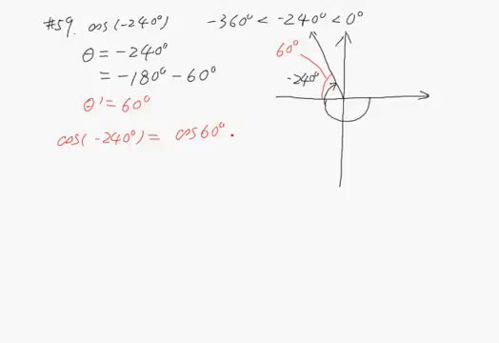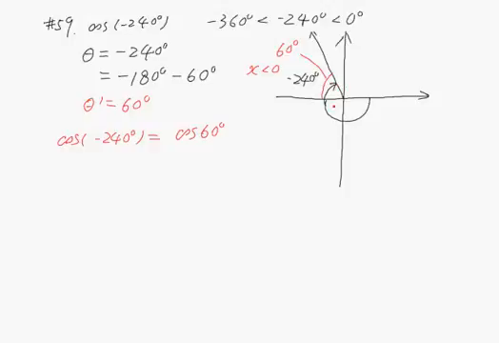Now tell me, what is the sign of the cosine of negative 240 degrees? Positive or negative? Negative, right? Because in quadrant 2, x is less than 0, to the left of the y-axis, so you have a negative x coordinate.